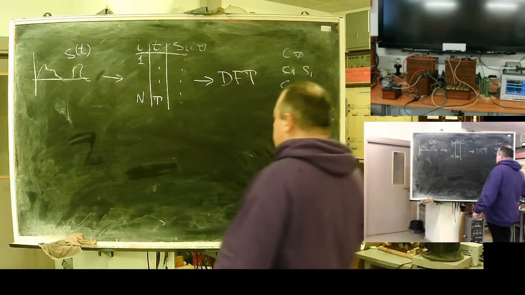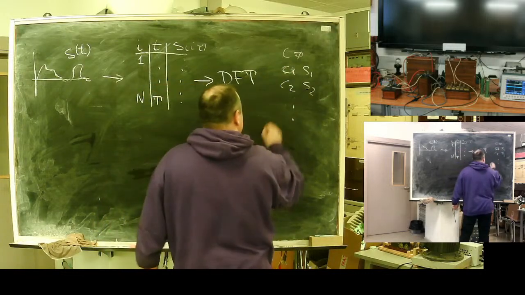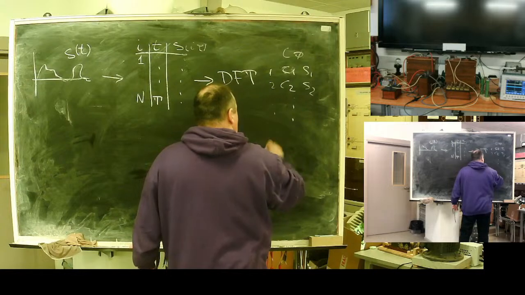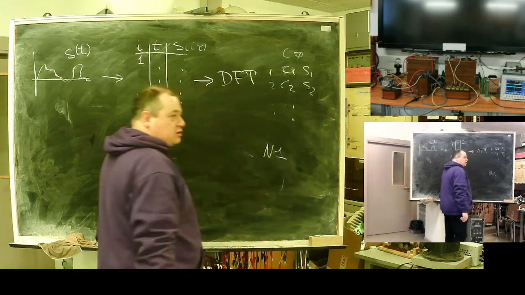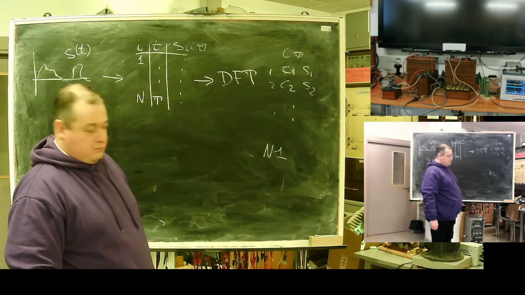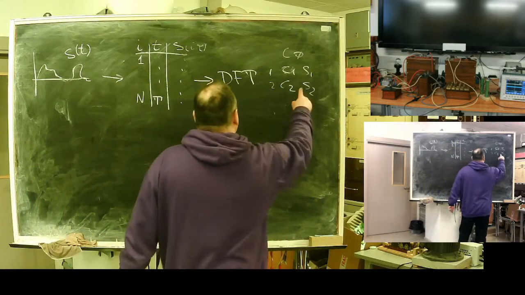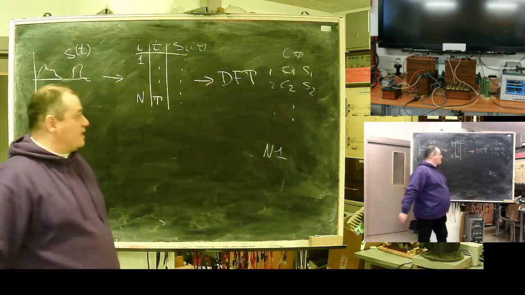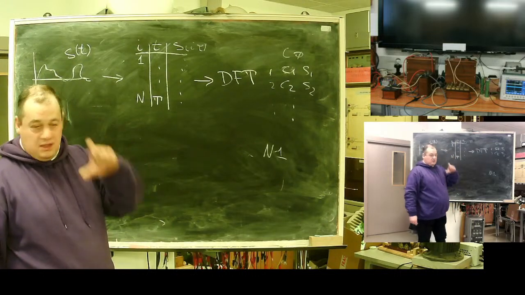This means I can calculate starting from DC and first, second, up to n minus 1. This is the last stop. If I try to calculate more, I will receive nonsense. So I can get the table of ideal currents.